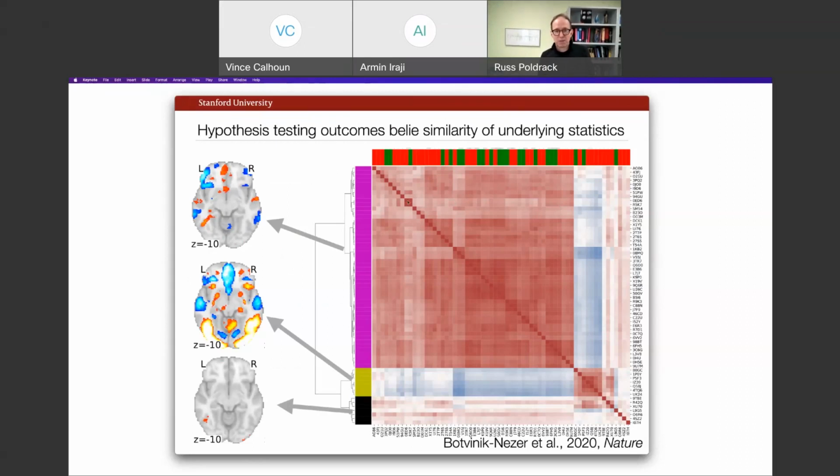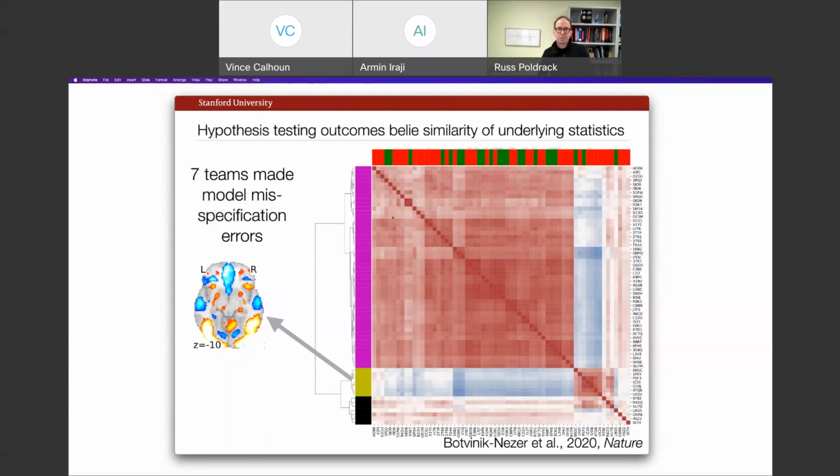You can see that even for teams with really highly correlated maps, you can get differences in the yes/no results, suggesting that the thresholding operation is certainly part of the answer, though we did some analyses that suggest it's not all the answer. We also had a number of teams, 8 teams here, whose maps were anti-correlated with the rest of the teams.